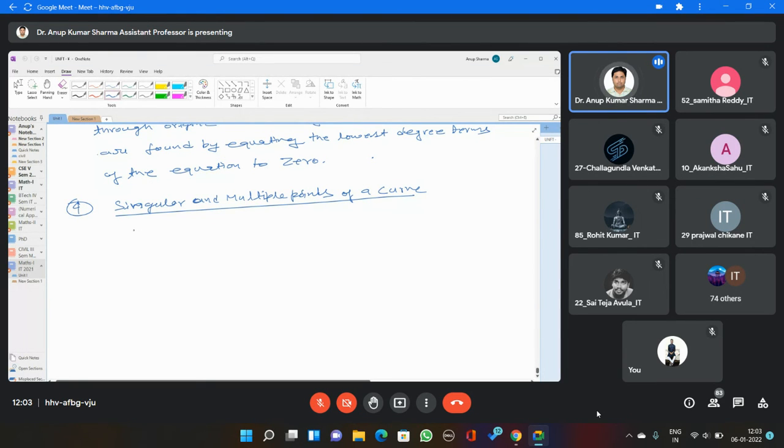So singular and multiple points means here we define the nature of the origin.